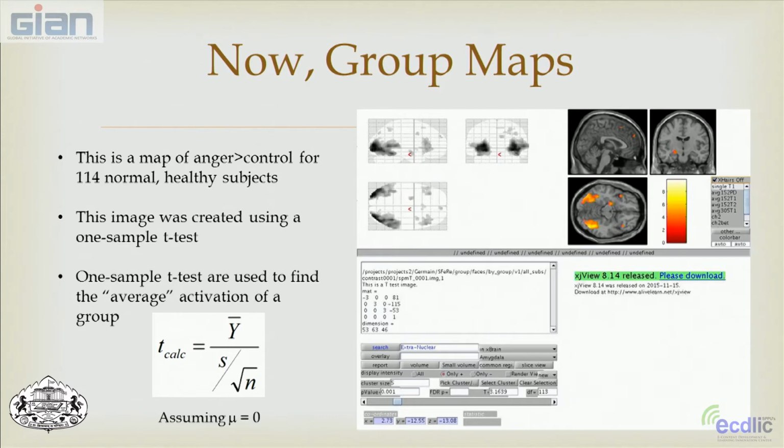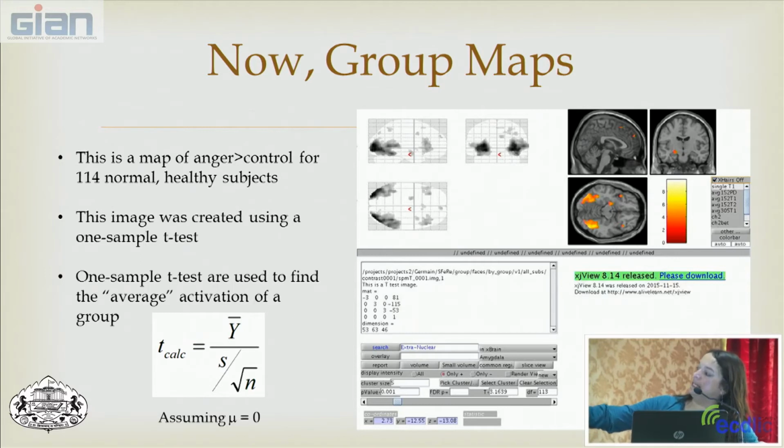So it takes all these people together and computes an average brain for t-values. You can see the calculation there. It takes the average of all the bold signals from everybody's brains and divides by the standard deviation over the square root of the number of participants in the study.